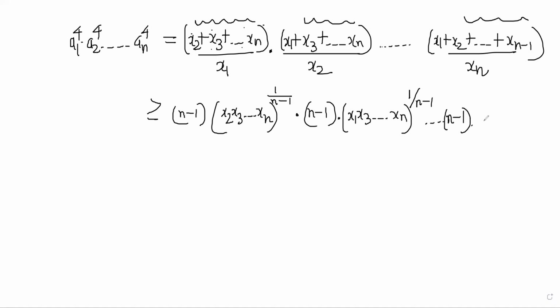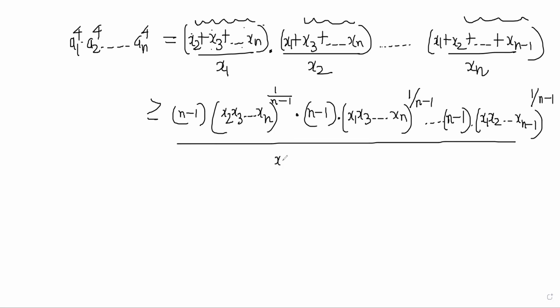This term is (x1, x2 till xn minus 1) whole to the power 1 by n minus 1, divided by the x1, x2 till xn product, right?